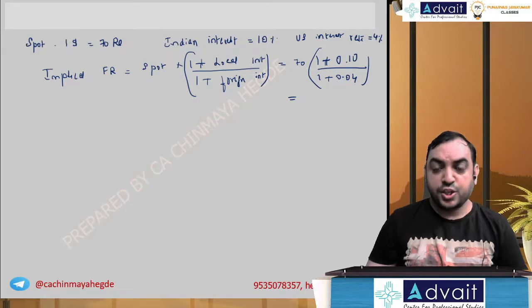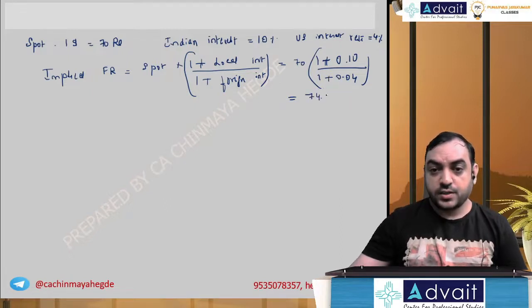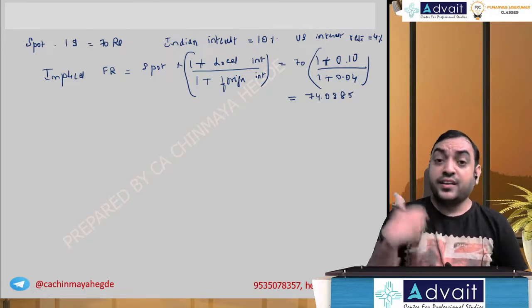So 70 into 1.1 by 1.04 is 74.03846, so 74.0385. And you see, the forward rate is high.